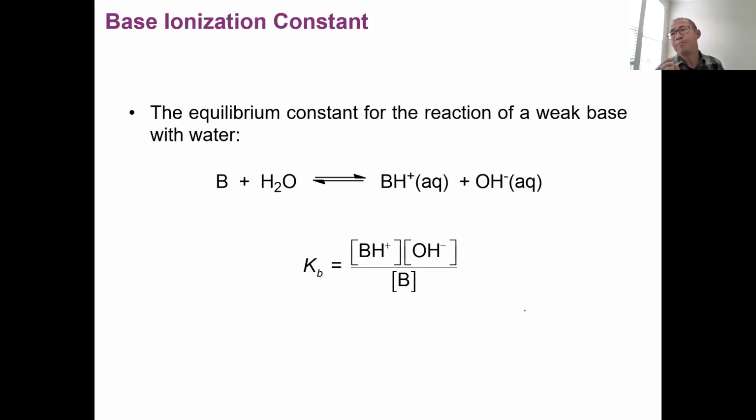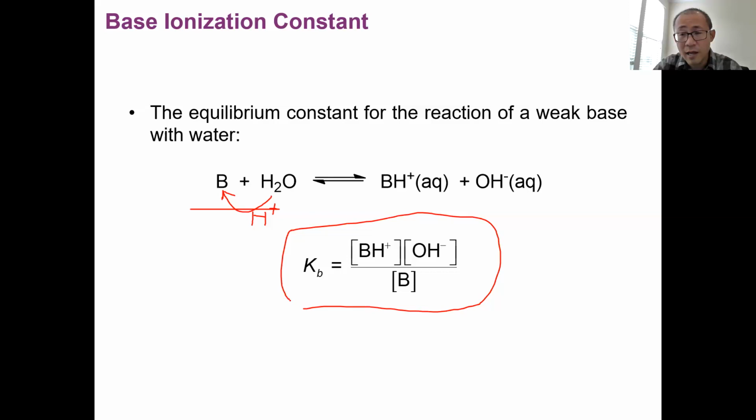Now, very similar. Here is the equation for a weak base. Of course, we know a weak base accepts a proton from water. So B plus water becomes BH plus and OH minus. Very similar to acids, for a weak base we can write an equilibrium constant, Kb. Acid is Ka, base is Kb. We call that the base ionization constant.